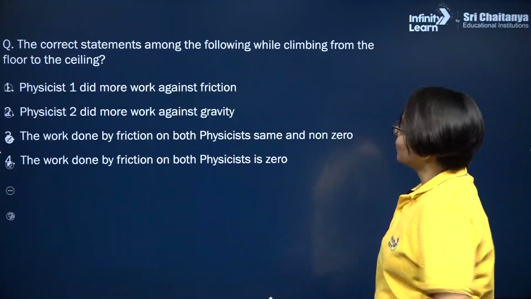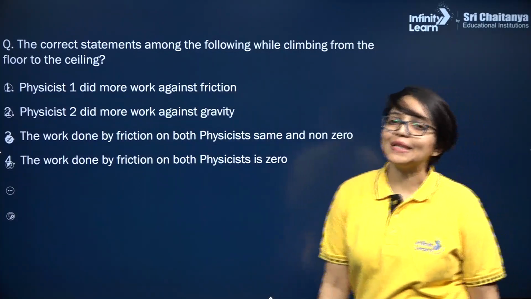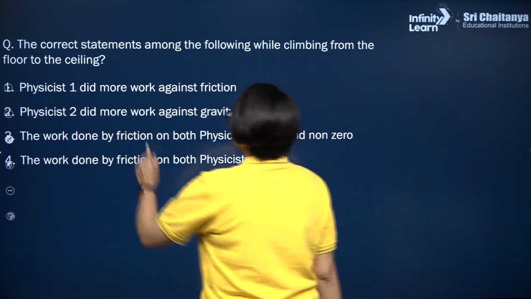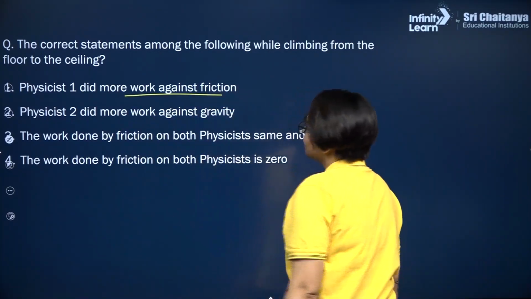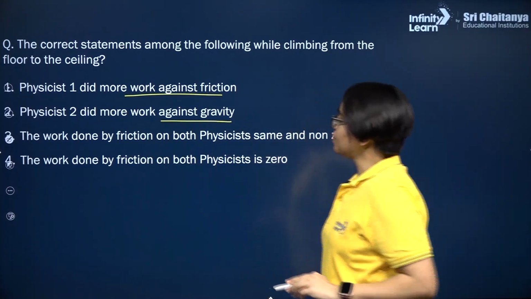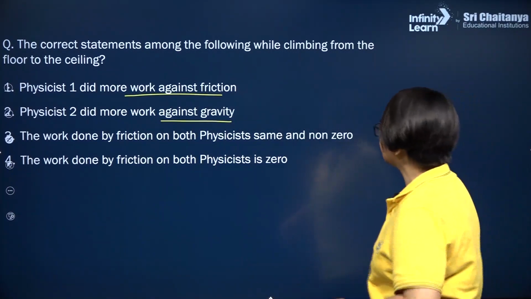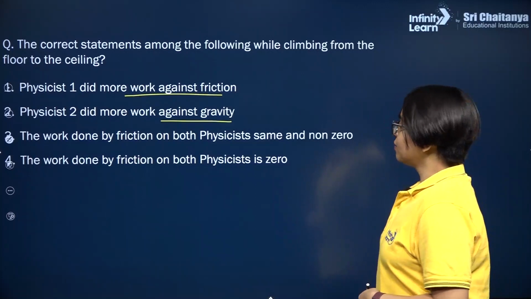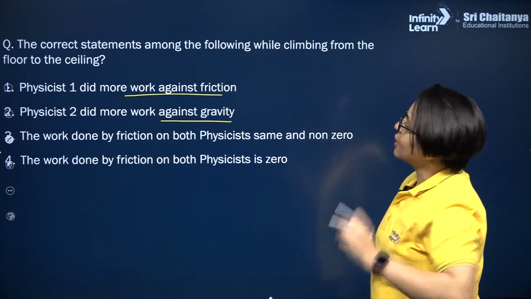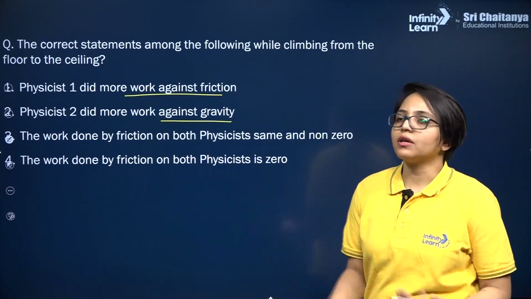Okay, so we need to find the correct statement. Physicist 1 did more work against gravity, physicist 2 did more work against gravity. The work done by friction on both the physicists is the same and non-zero. The work done by friction on both the physicists is 0. So see, there's no less or more work against gravity.